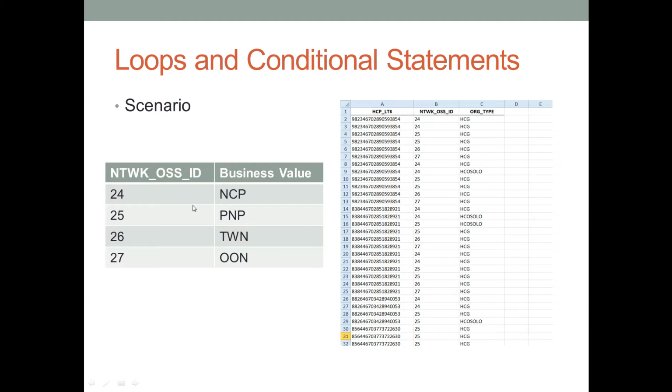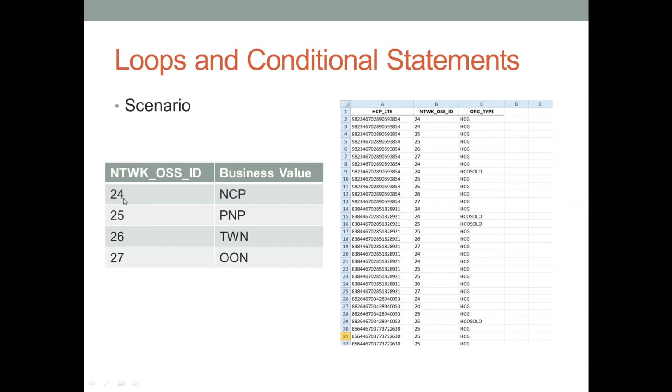Now, this crosswalk suggests that the number 24 actually should equal NCP. By the way, this is all fictitious data, so NCP is meaningless, but this is a good scenario. We do this quite a bit.